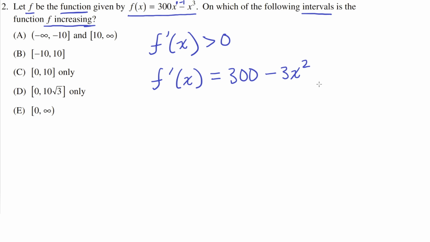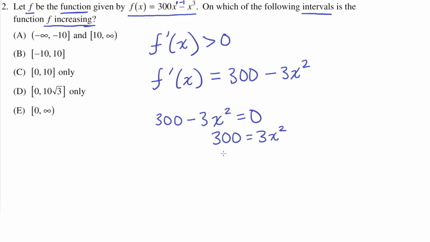And now we need to find out the critical points of f of x. The critical points happen where the derivative is equal to 0. So we'll set the derivative equal to 0 and solve for x. Let's move the negative 3x squared to the other side, so we'll have 300 equals 3x squared.